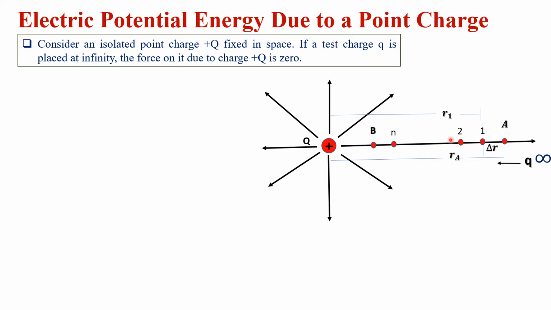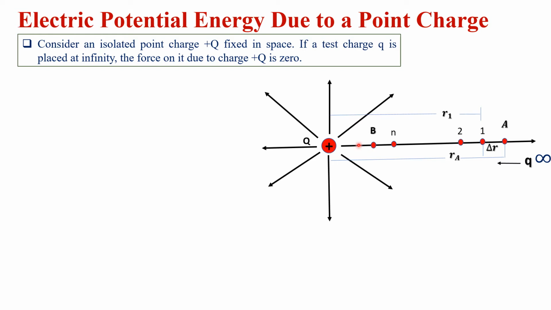Distance from point 1 to point charge is R1. Distance from point 2 to point charge is R2. Distance from point 3 to point charge is R3. Distance from point N to point charge is Rn. Distance from point B to point charge is Rb.